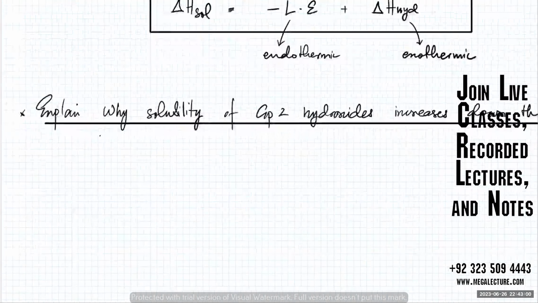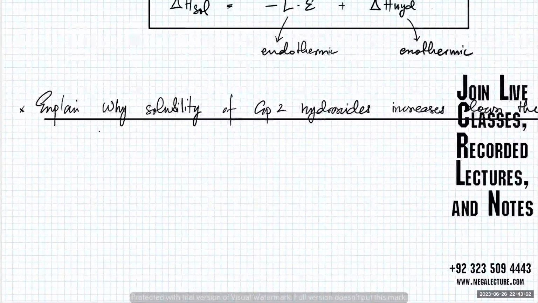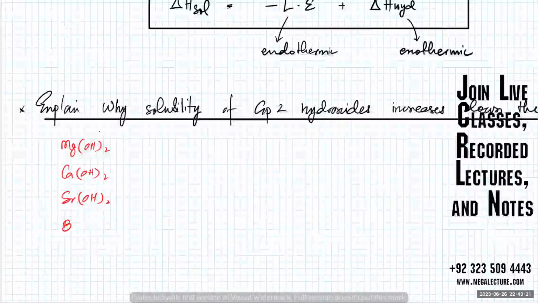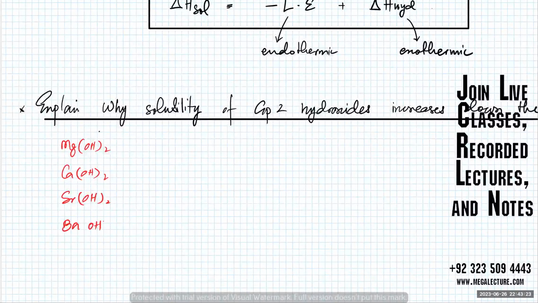So if you look at group 2, the first one is magnesium hydroxide, not very soluble. Calcium hydroxide, strontium hydroxide, and barium hydroxide.